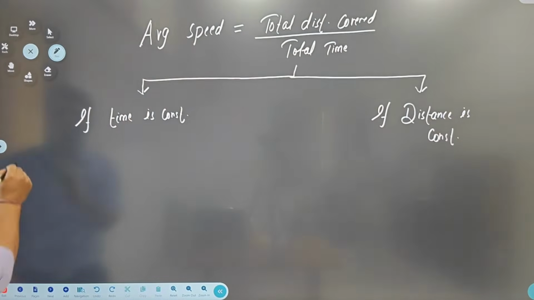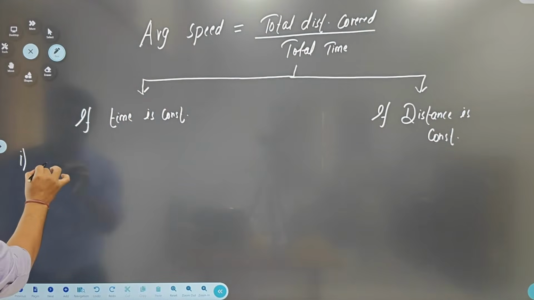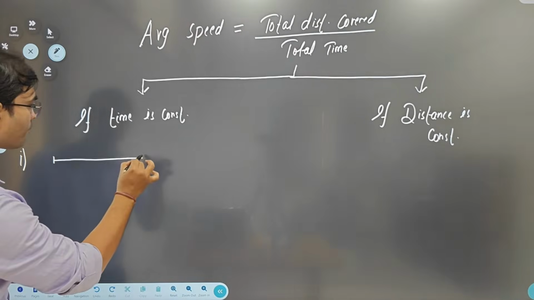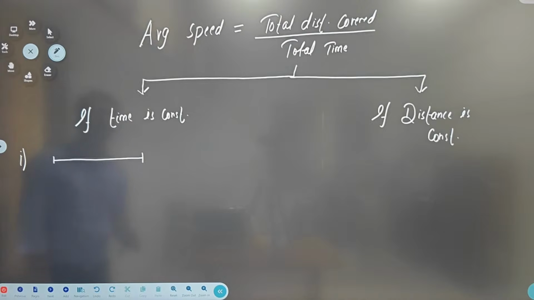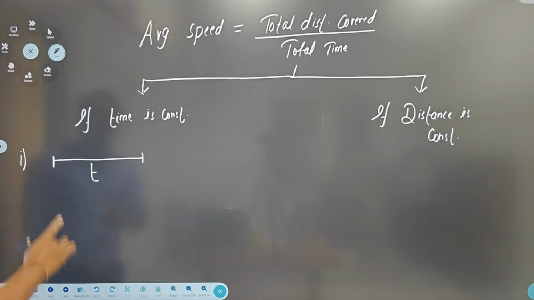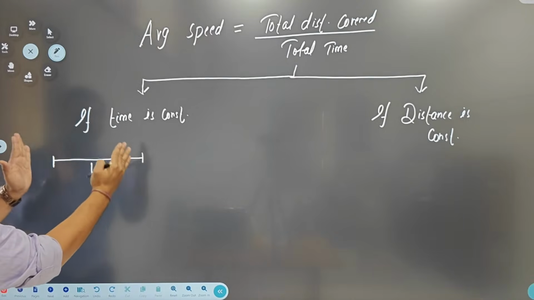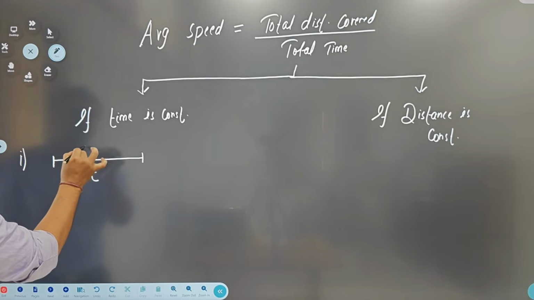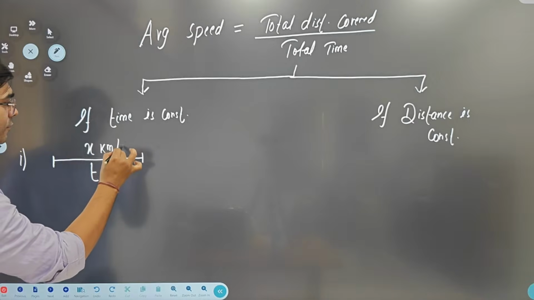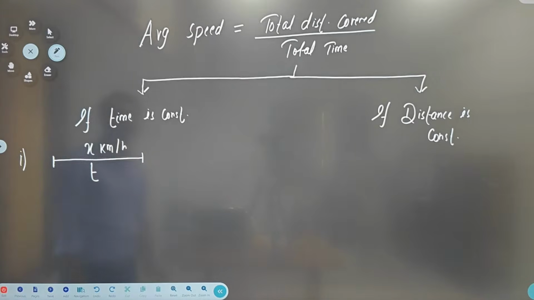Now in the first part, let me call, a person has traveled in T hour or T minute or T second, anything you can say. In an interval of T, the speed of the person was given as X kilometer per hour.